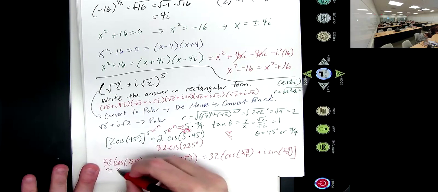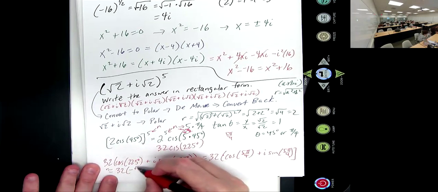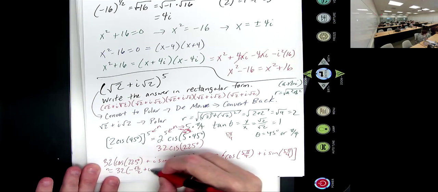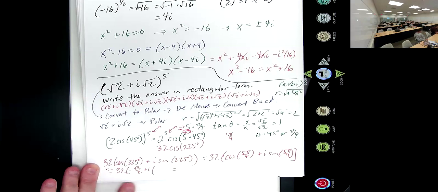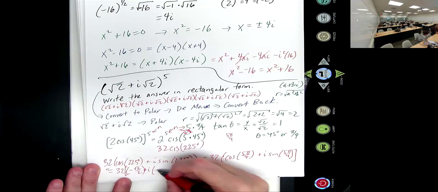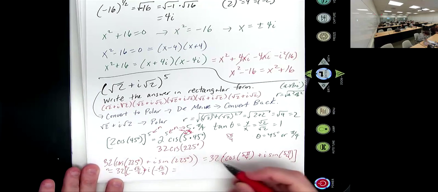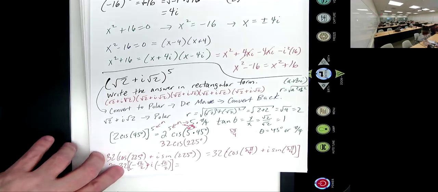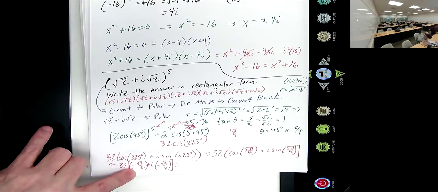So we get 32 times negative root 2 over 2, plus i, what's sine there? Same thing. If we distribute the 32, we can divide by 2 because there's a 2 in the denominator of both.